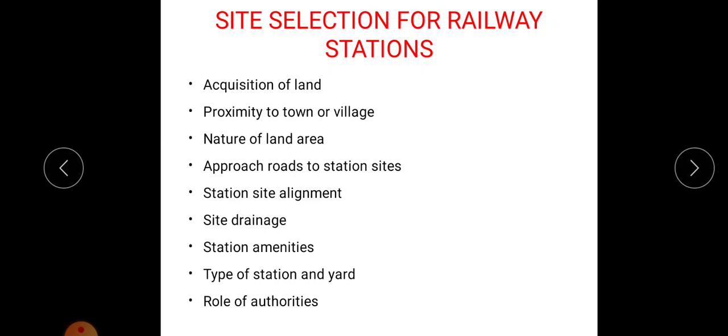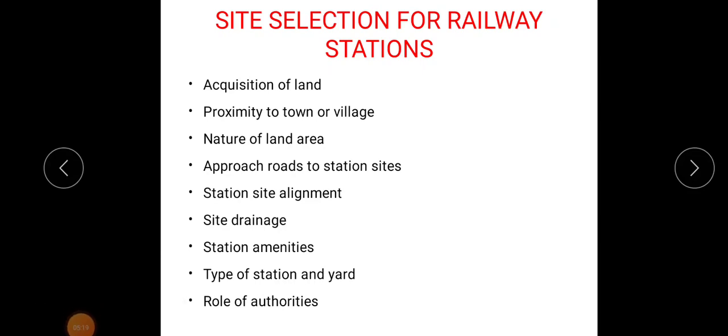So the site which is selected for constructing the railway station should be level, because so many vehicles and so many goods are parked in this railway station in yards. Even though they are in parking condition, if the wind is very high, they will move in the direction of the wind due to their high weight. So the ground should be level.